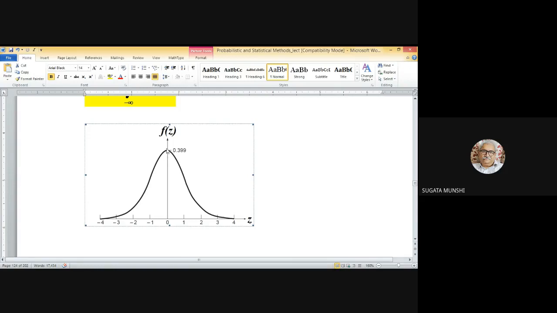Height is now 0.399. Earlier, with sigma not equal to 1, it was 0.399 by sigma.